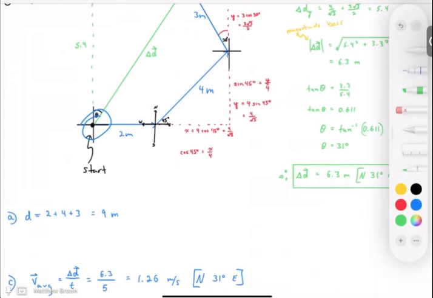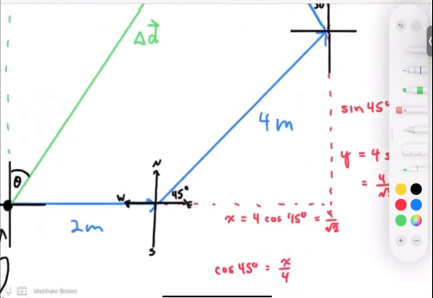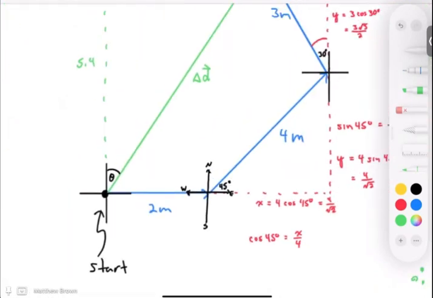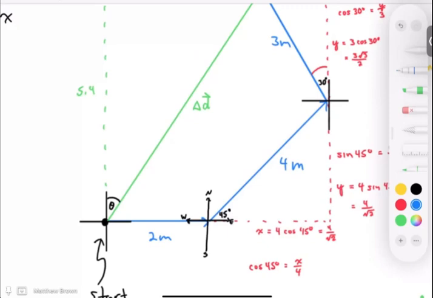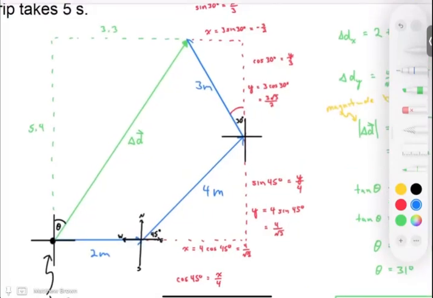Sorry, let me get rid of that. Just to put that right on top of it and say, okay, then from there, the second vector starts where the first one stops. So that's this point right here. And then it goes 4 meters. So I tried to draw that one a little bit longer. And then it ends right here.